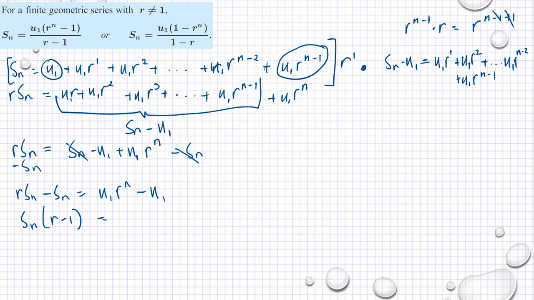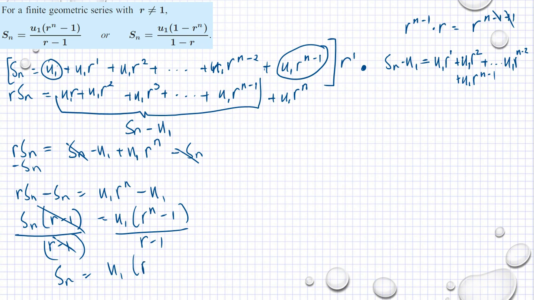And then common factor is u sub 1. We have r raised to n minus 1. And then if we divide both sides of the equation by r minus 1, then this will become 1. So we have s sub n is equal to u sub 1 multiplied by r raised to n minus 1 divided by r minus 1.